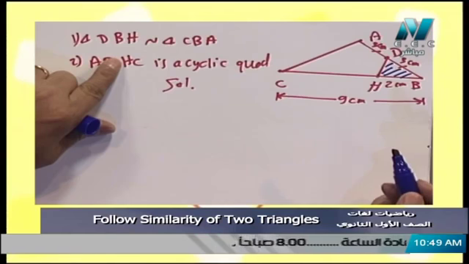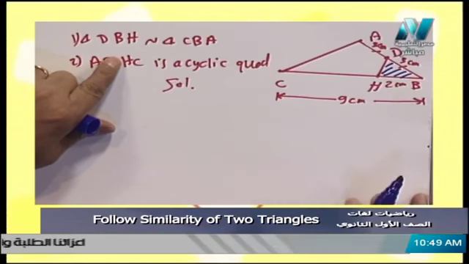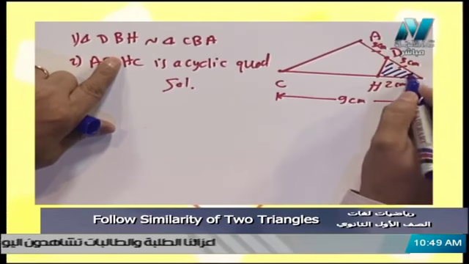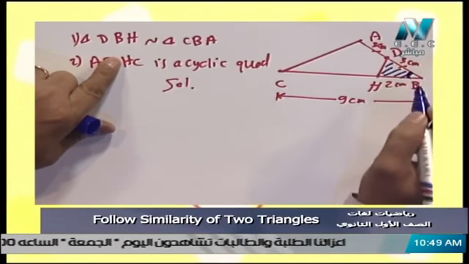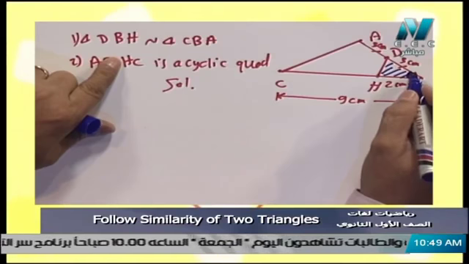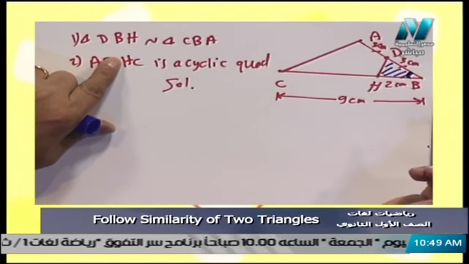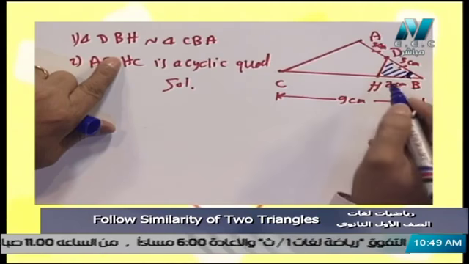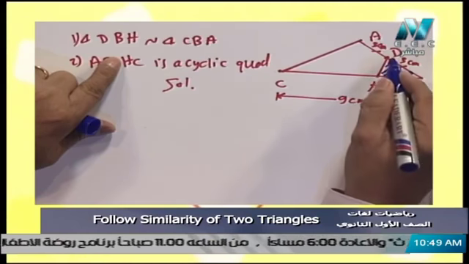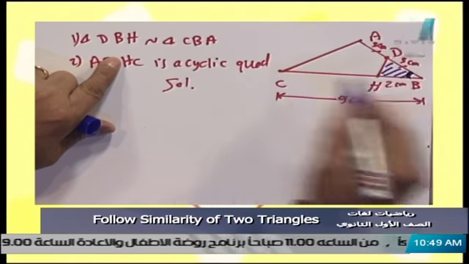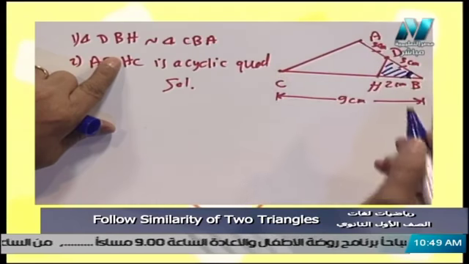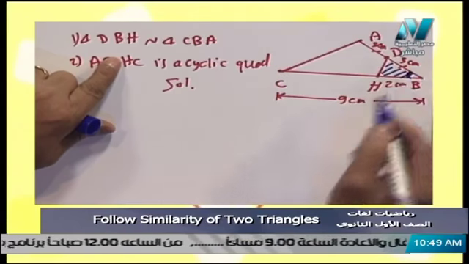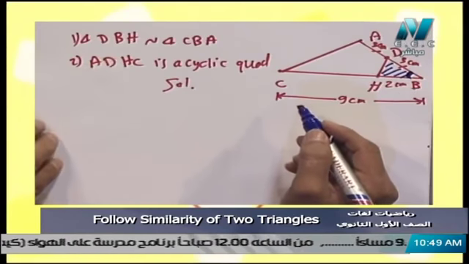Is there any equal angles here? Yes, intelligent students notice that angle B here is a common angle, because it is in triangle HBD and in triangle CBA also. So it is a common angle, so it's equal in the two triangles.